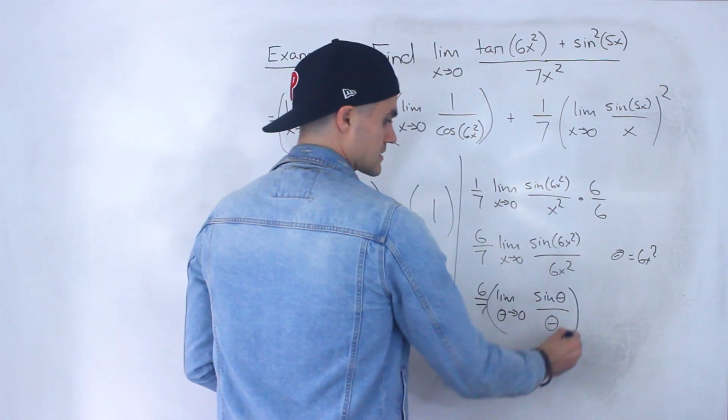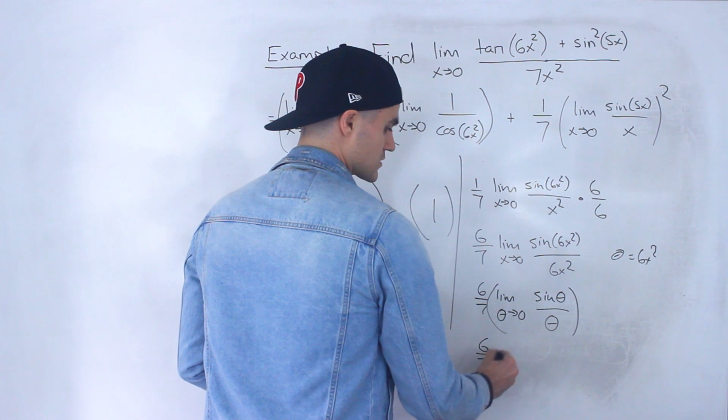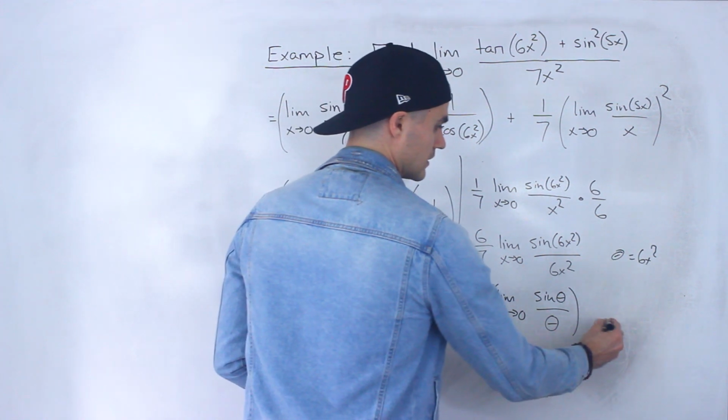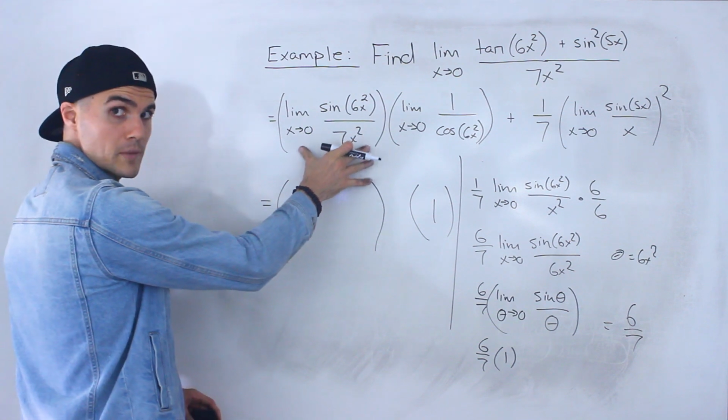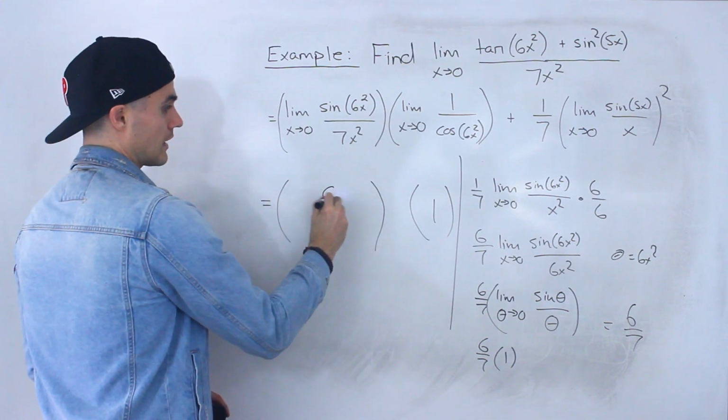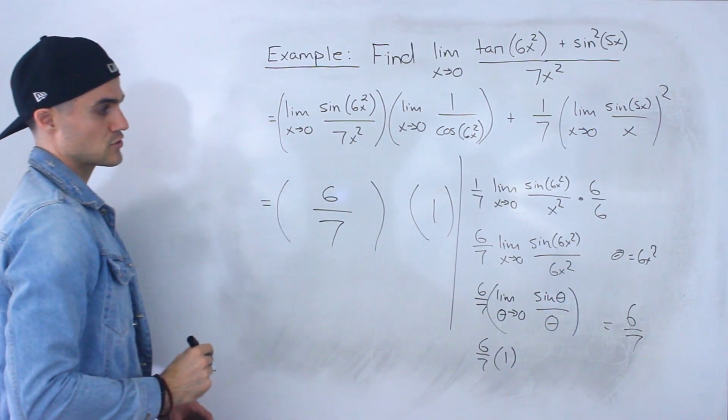This is equal to 1, so 6 over 7 times 1 gives us 6 over 7. So this whole bracket is going to end up being 6 over 7.